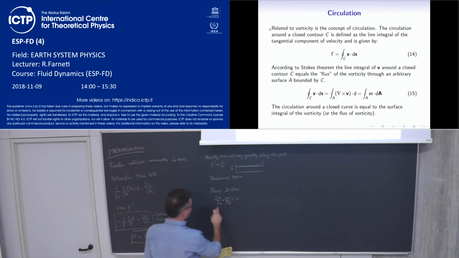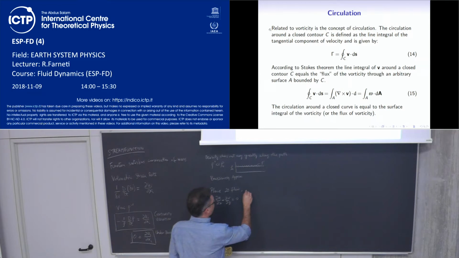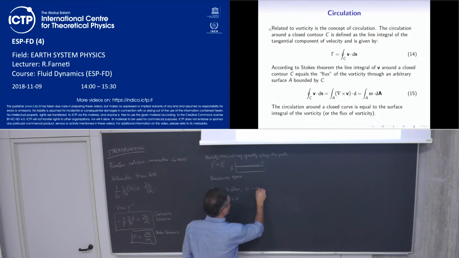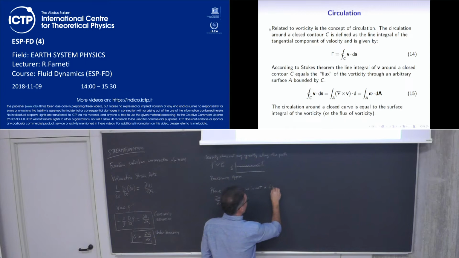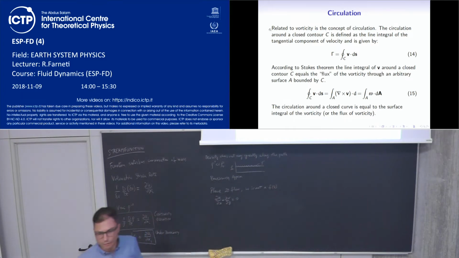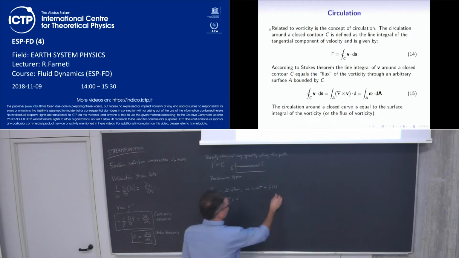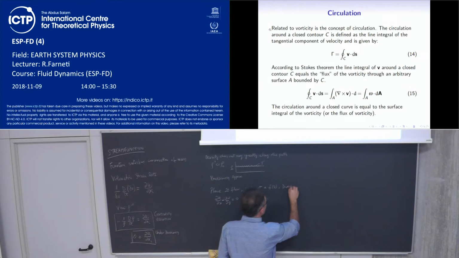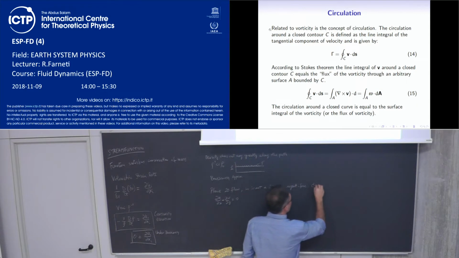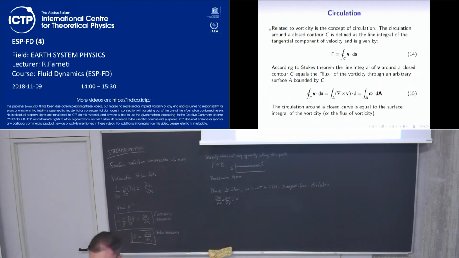This is valid if w is not a function of z, so I don't have any dw by dz, which is a good approximation away from boundaries. This also means that the flow is divergence free. The divergence of u is equal to 0, and this is necessary to build your stream function. The flow has to be divergence free.